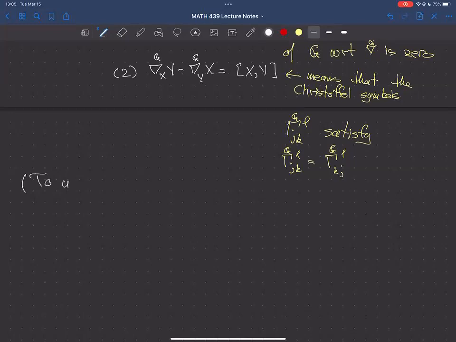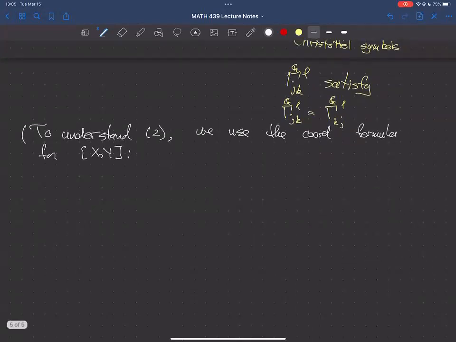To understand condition 2, we use the coordinate formula for the bracket, which I'll write down.